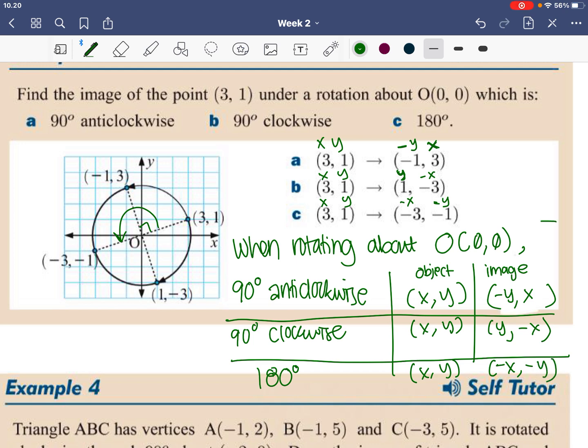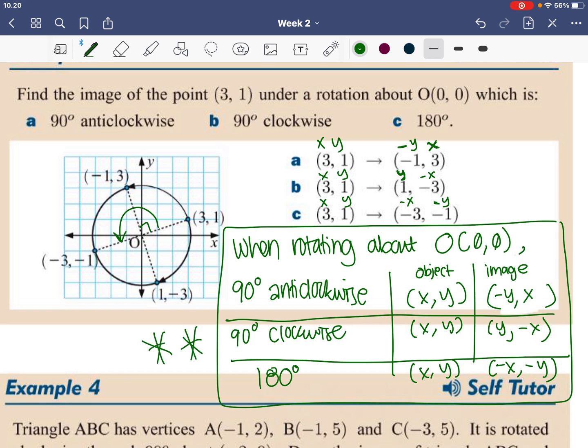Okay, so I want you to write this down, because you will not have your protractor all the time, right? So this is a little bit of a shortcut to make things faster. And we've seen that here, right? I'm not just giving you a shortcut, but we are looking at the observation.